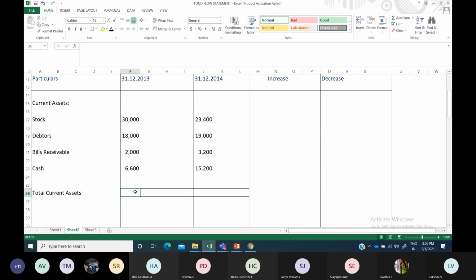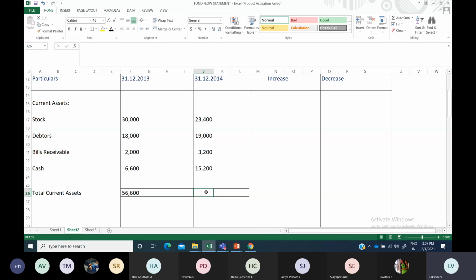This side: 30,000 plus 18,000 plus 2,000 plus 6,600. Just total it. It is 56,600, right? Similarly, on this side: 23,400 plus 19,000 plus 3,200 plus 15,200.